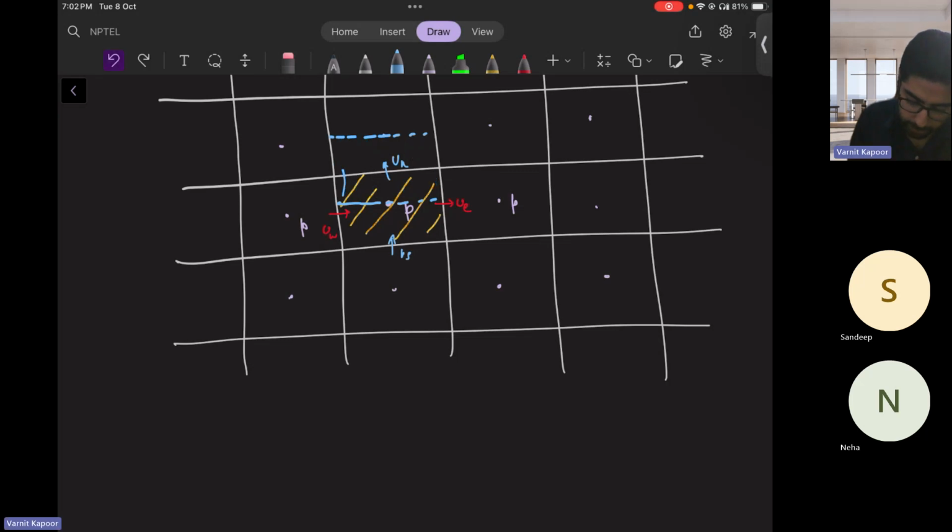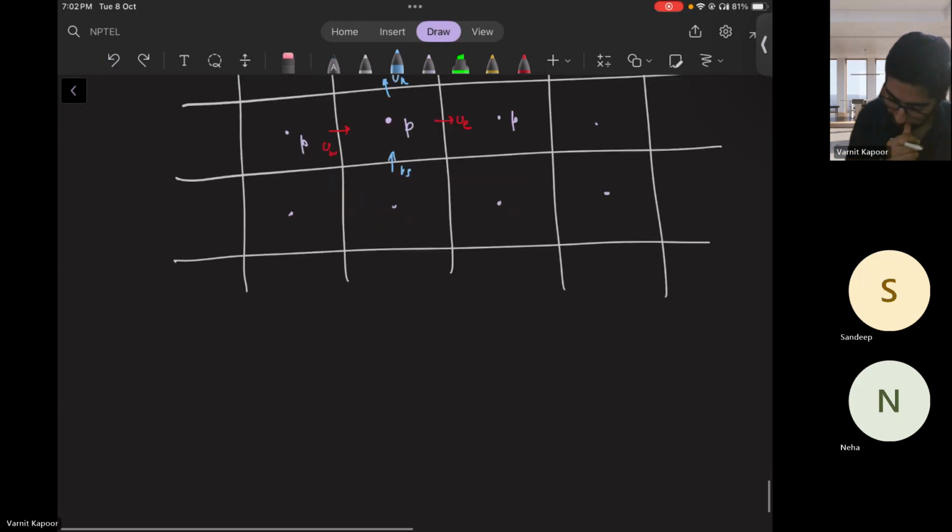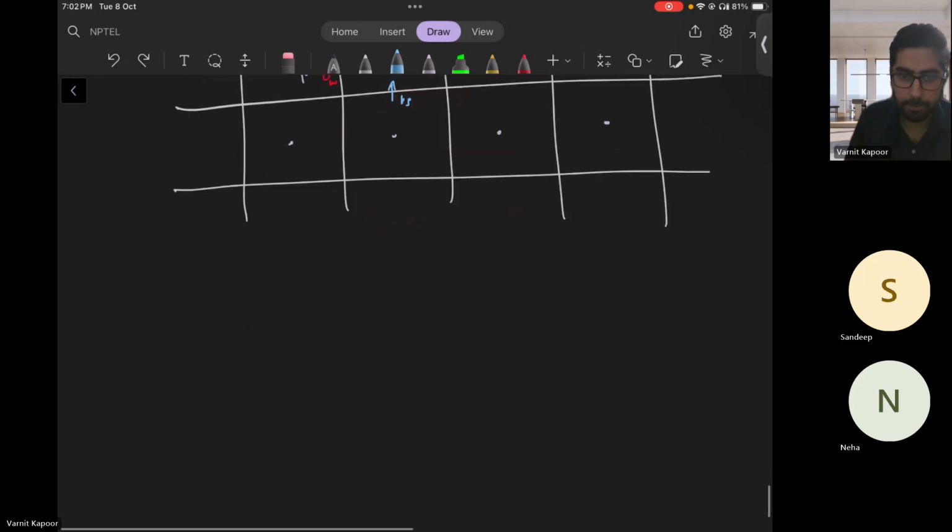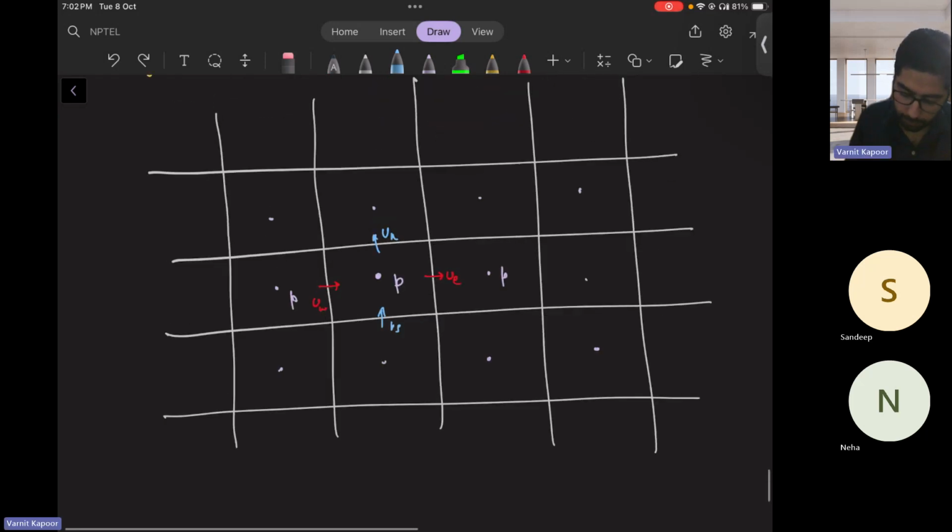So I'll make it somewhere outside instead of getting confused here. Your flow is happening like this. All the horizontal velocities are being stored here. All the vertical velocities are being stored here.